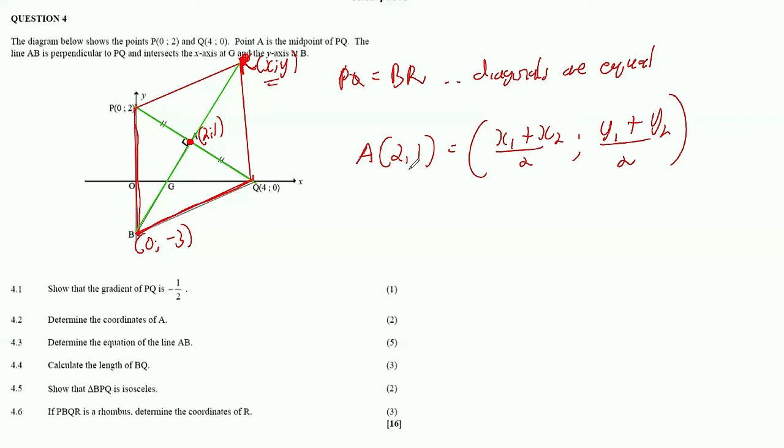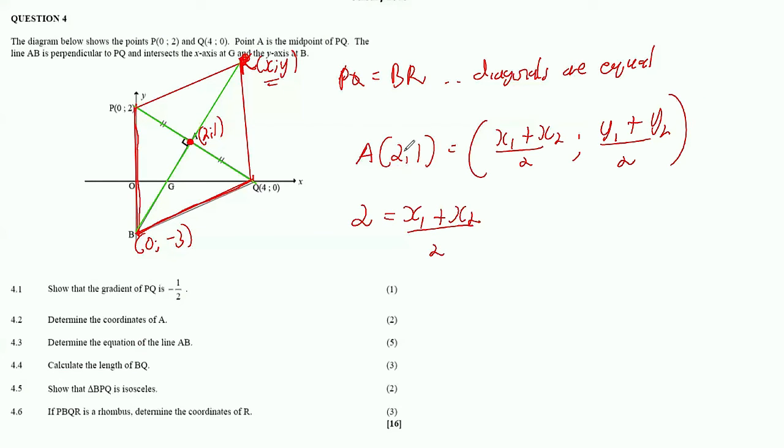But now that we do have the coordinates of the midpoint, this is how we go about it. We take this part here, which are the x coordinates, and then we equate them to the x coordinate of the midpoint. So this is 2 equals x1 plus x2 over 2. I need you to be very careful with this one.